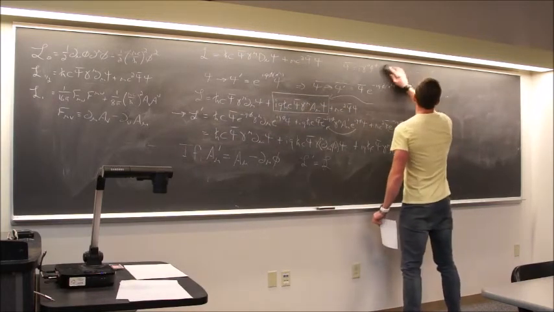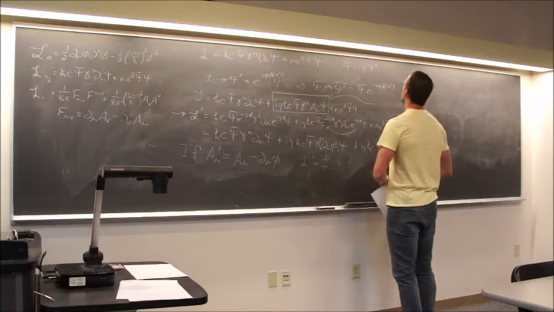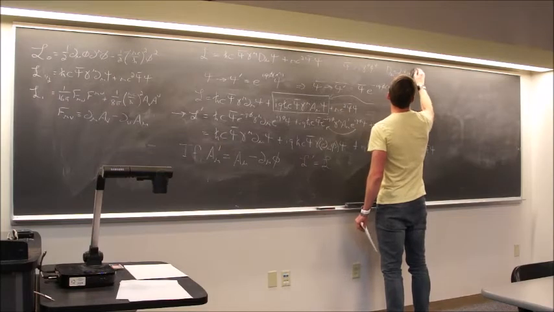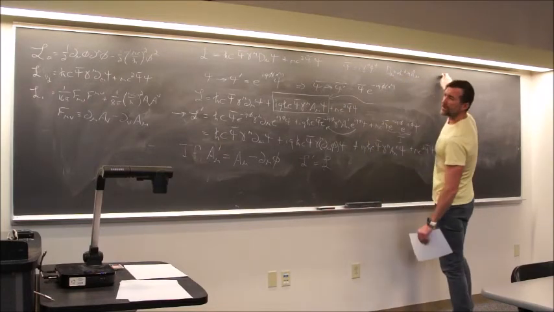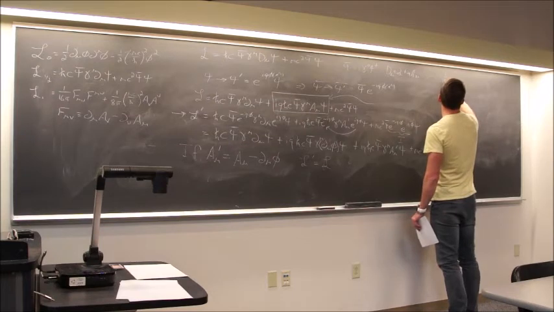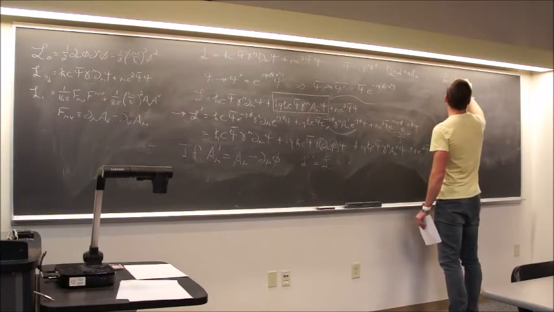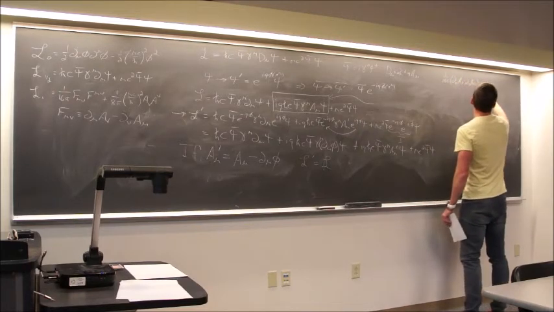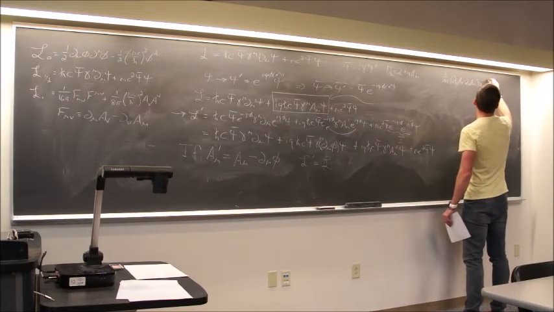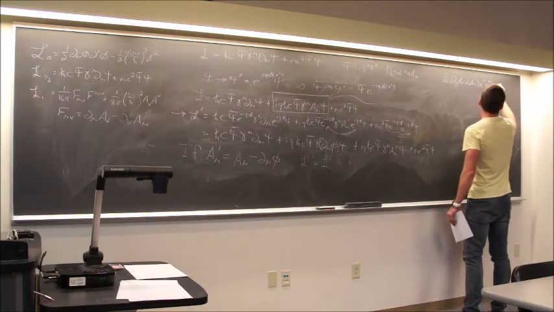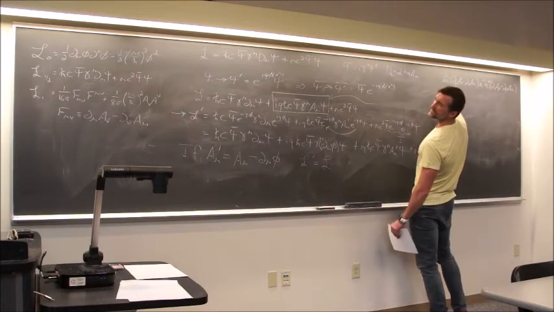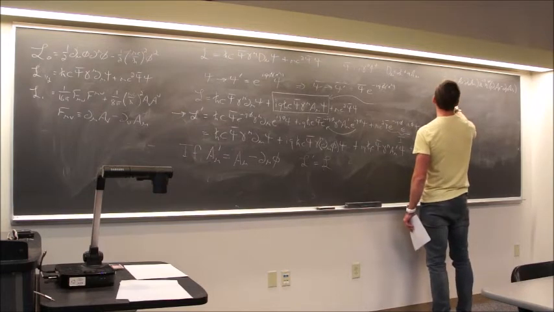So I'll see if I can squeeze this into this space over here. So the Proca Lagrangian is 1/16 pi, and I'm going to write this out. It's d mu A nu minus d nu A mu, eta mu lambda eta nu rho, d lambda A rho minus d rho A lambda, plus whatever over 8 pi.